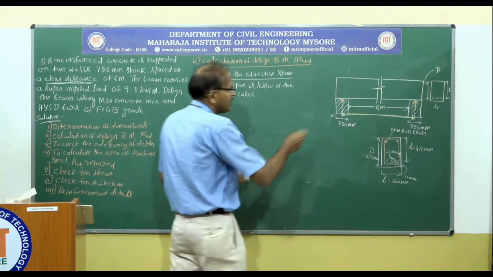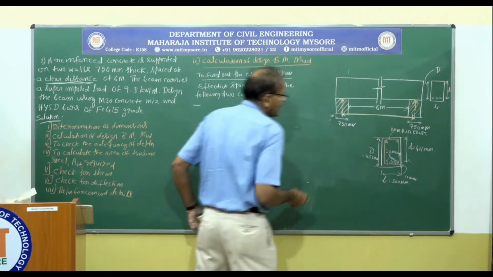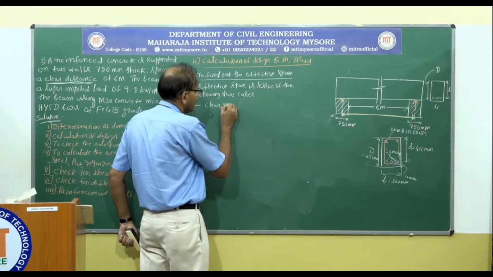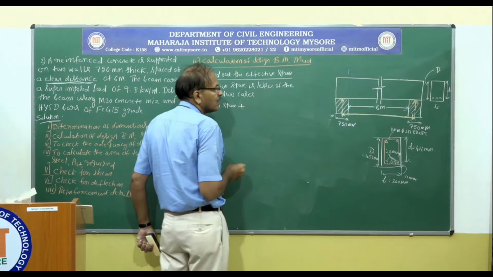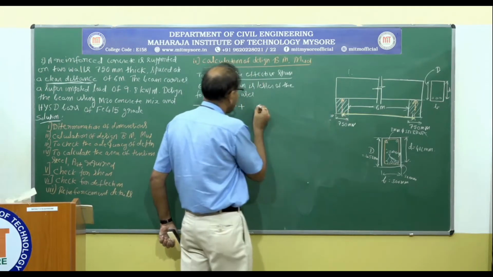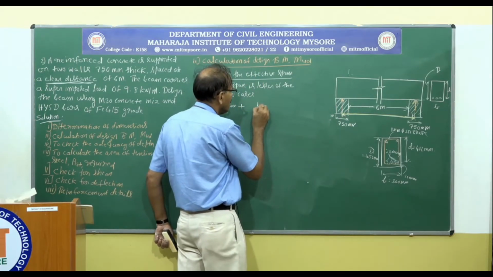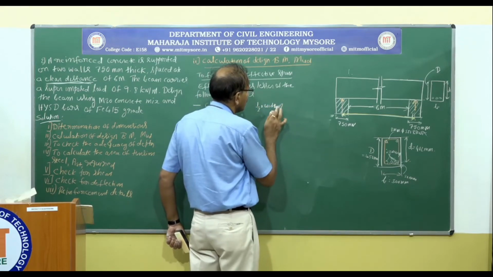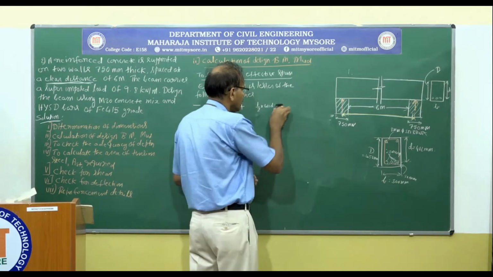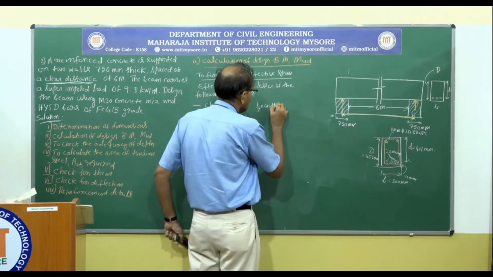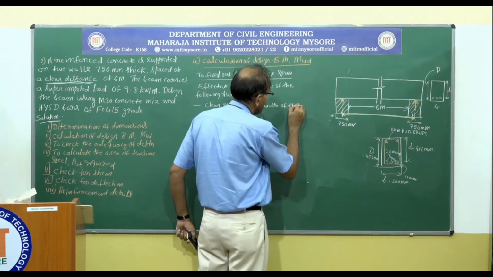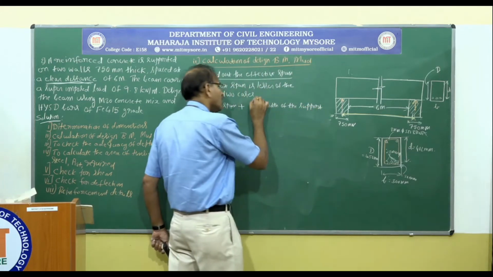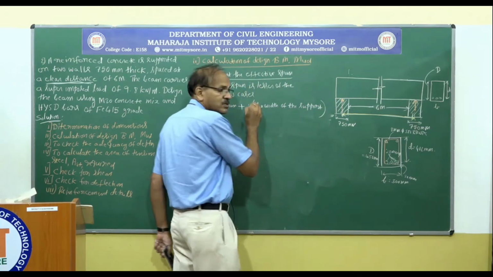What is that distance? 6 meter, that is the clear span, plus half the width of the support two times.